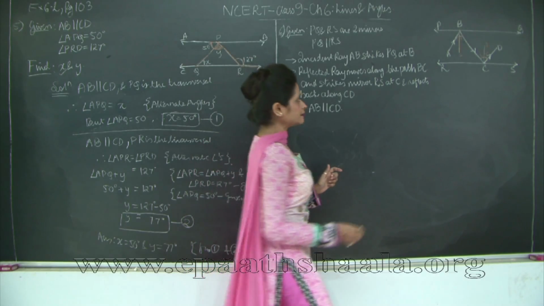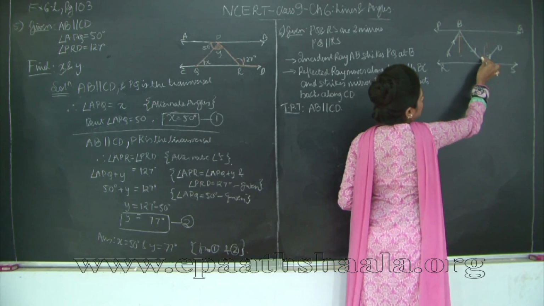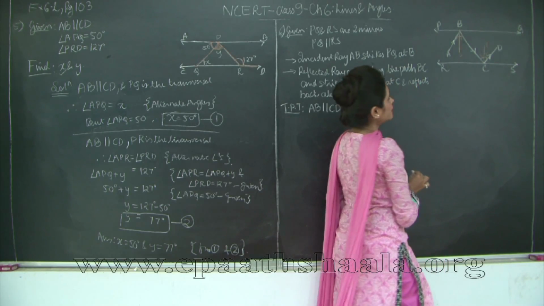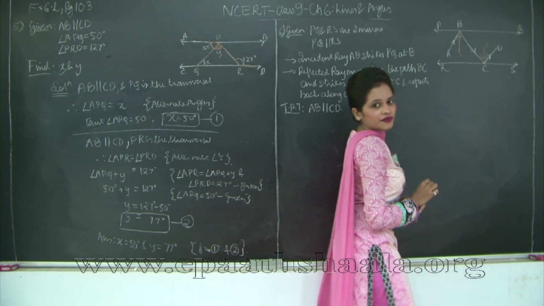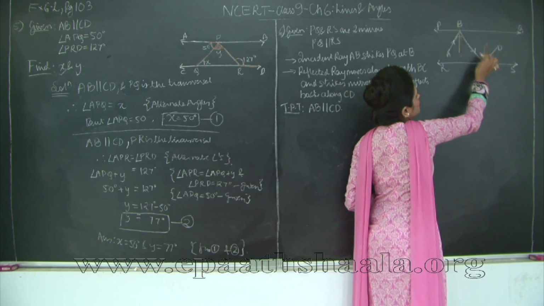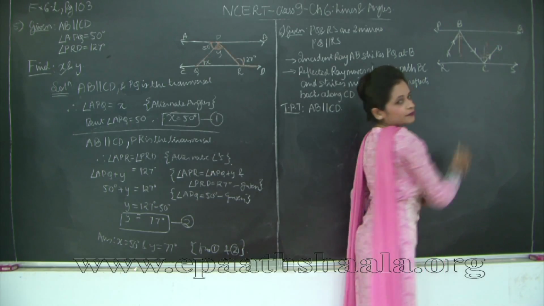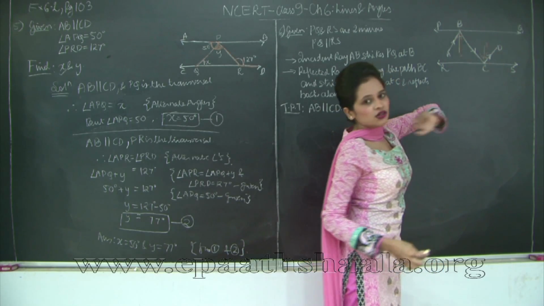So moving back, now therefore this angle is equal to this angle and this angle is equal to this angle. Therefore I have this angle equal to this angle, correct? So what did we have? We have this equal to this and this equal to this. So when you add these two angles and these two angles, what do you get?